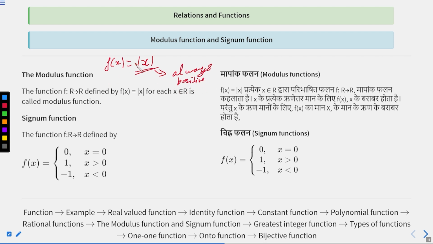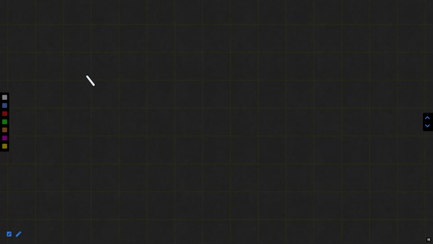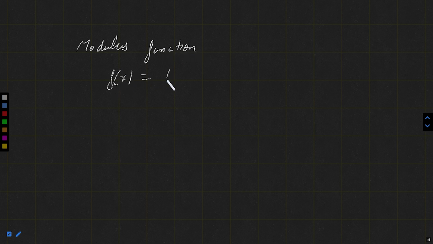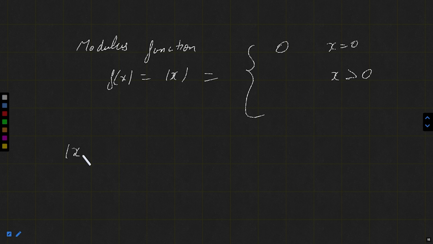Okay. So another way to define the modulus function is like this. If x is 0, you put x as 0 over here, what you will get? 0. If x is positive, you know the mod function always gives the positive value.